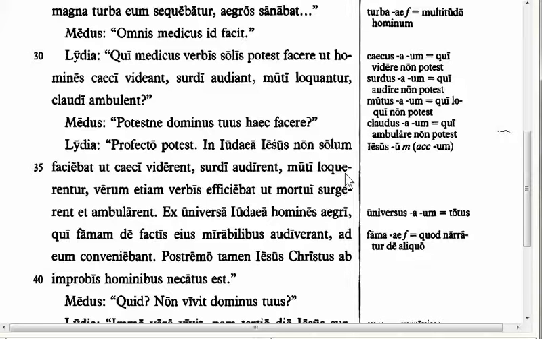So loquere, if we were going to conjugate this fully, we would have loquerer, loquereris, loqueretur, loqueremur, loqueremini, and loquerentur. So you should write those down, practice those new forms for the imperfect subjunctive.